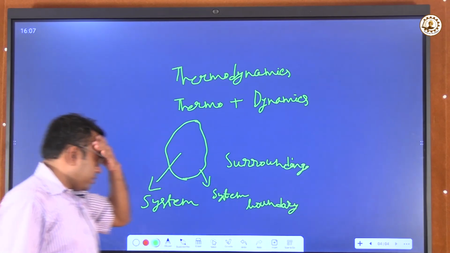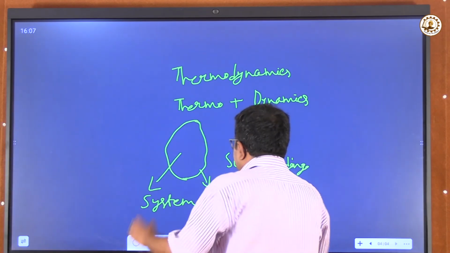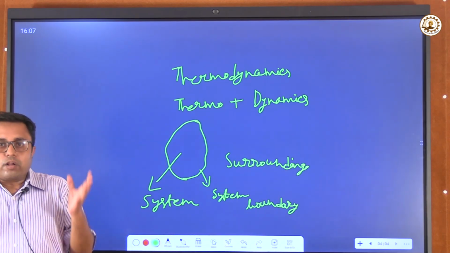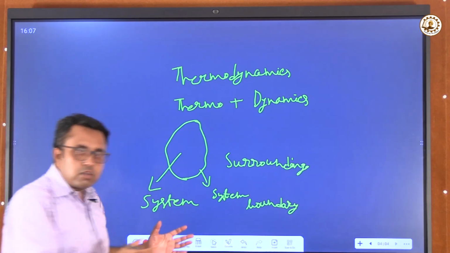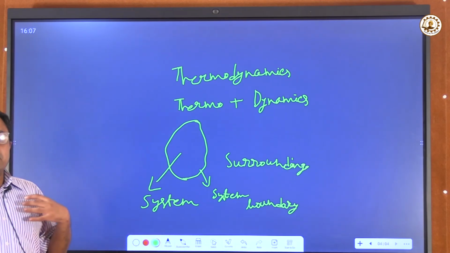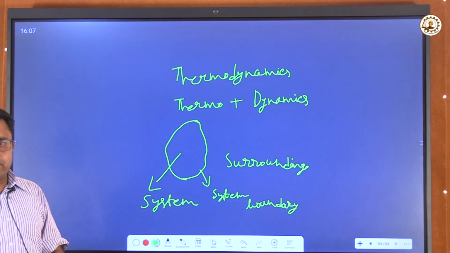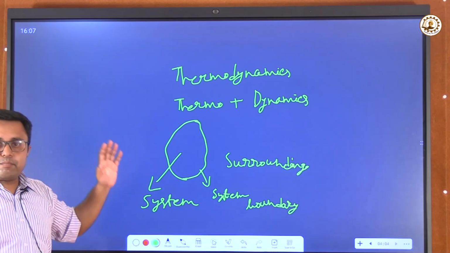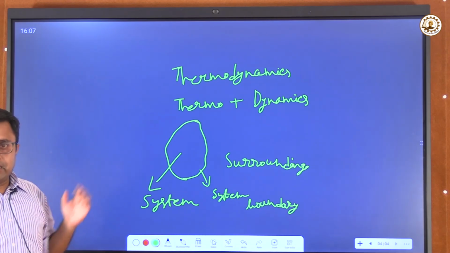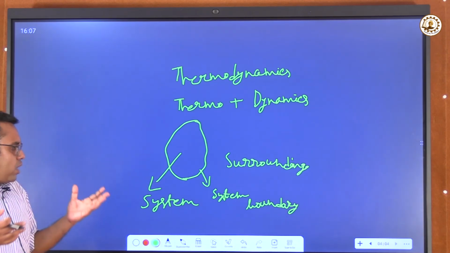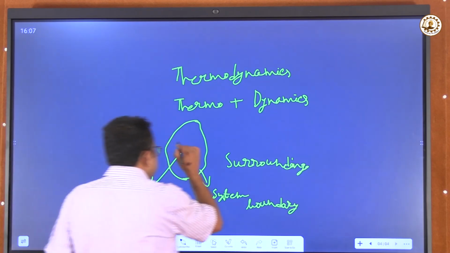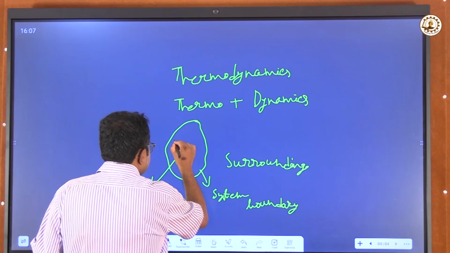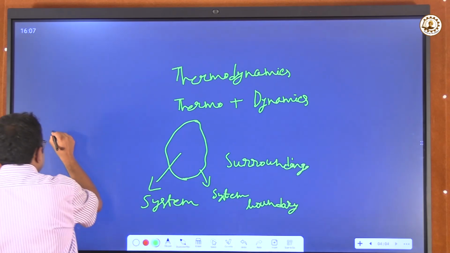This is an example. Now, if there is a system, it has some contents. A body contains lung, heart, liver, kidney; these are the parts. Similarly, the system has some properties.